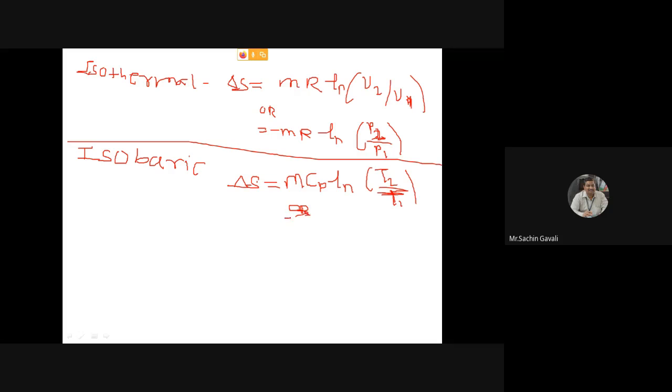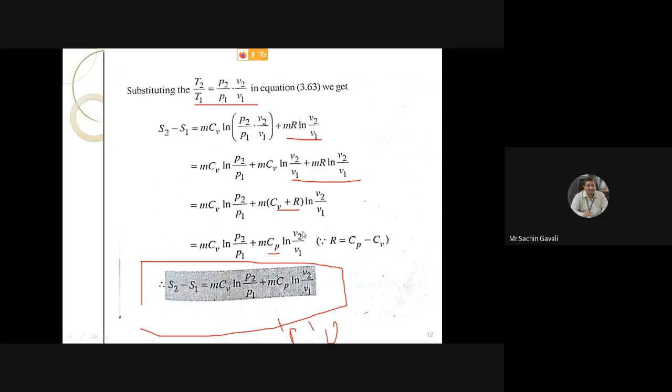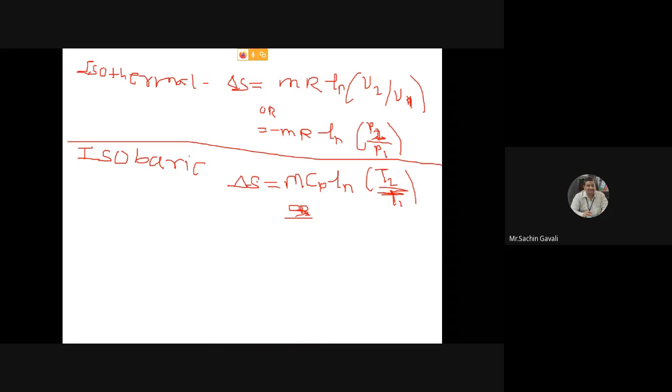Now another equation is there where pressure is coming as 0: mCp ln of V2 upon V1.